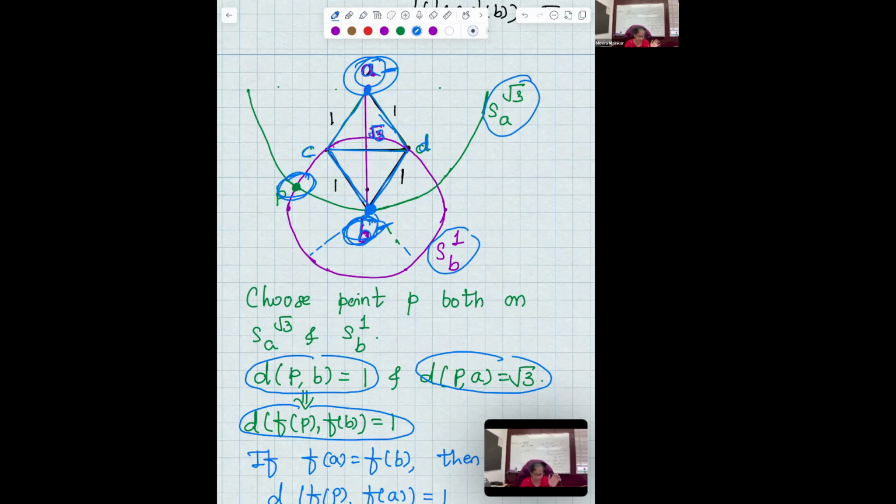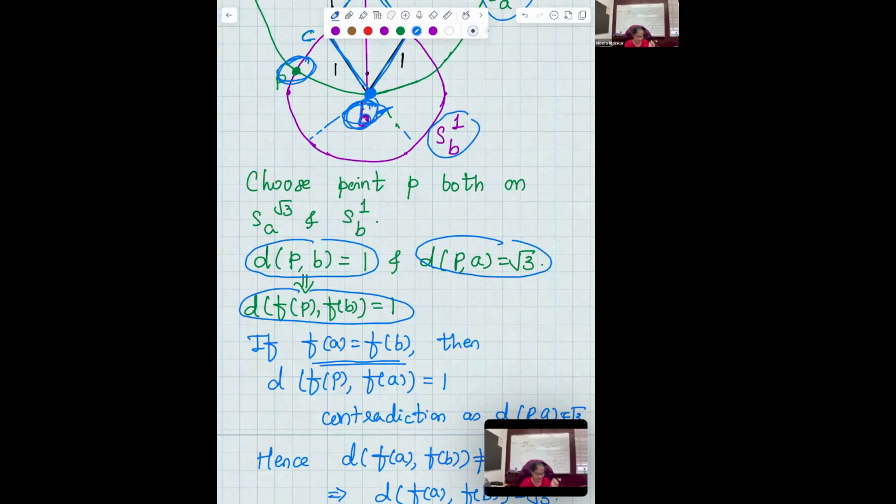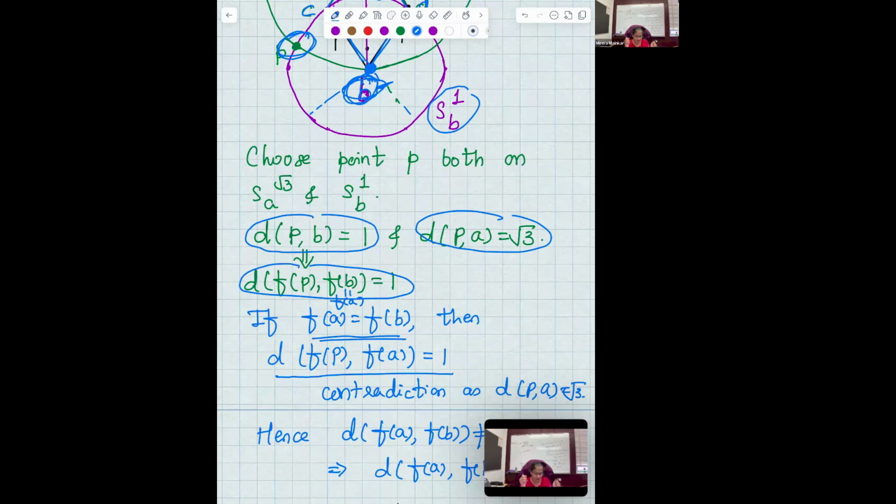So if f of A is equal to f of B, then the distance between f of P and f of A is equal to 1, because f of B is equal to f of A. And that will be a contradiction, because what we have shown previously is that the image points of 2 points at square root of 3 distance are either distance 0 or square root of 3 distance. Here we have distance 1, and that is a contradiction.